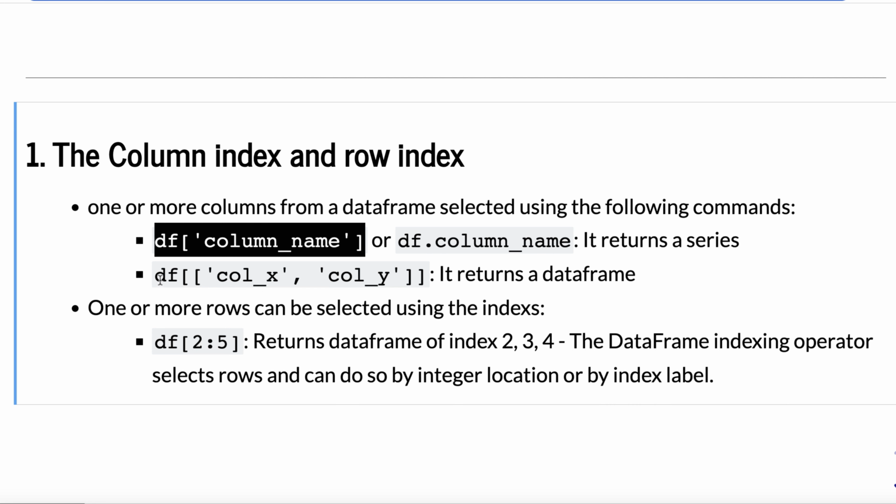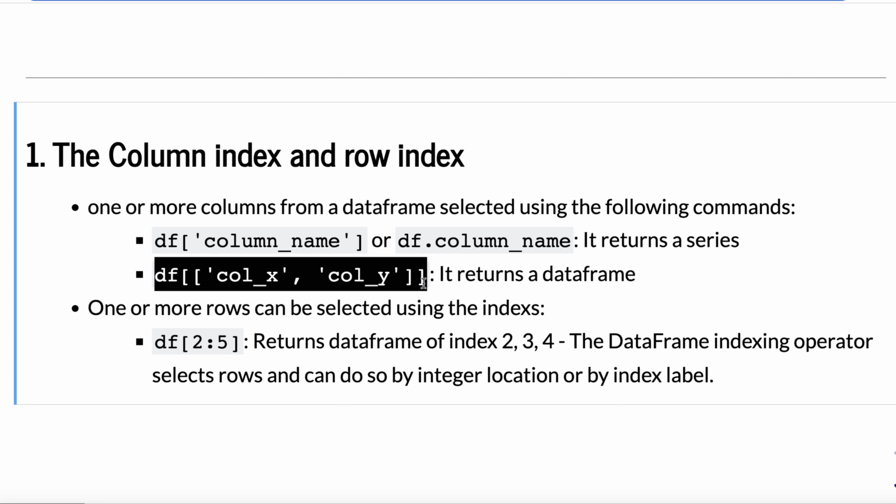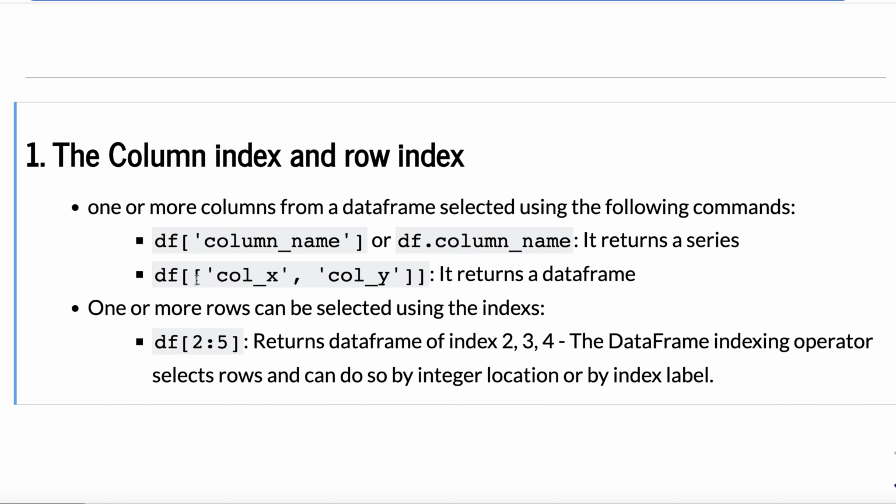Similarly, there would be use cases where you want to select the data frame based on multiple columns. When you have multiple columns, you can specify them as shown here. You need to pass them in double brackets, because the first part would be considered as rows and the second part would be columns. We'll see about it. And then there are the row selectors.